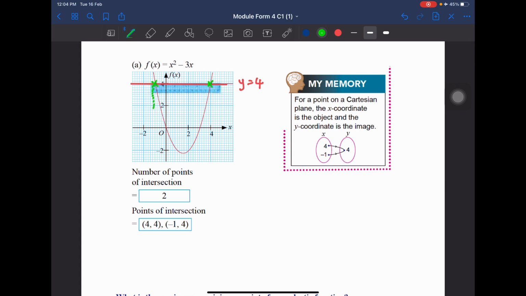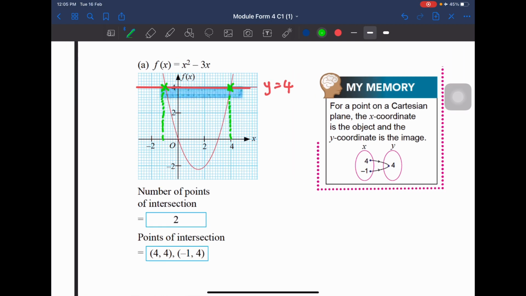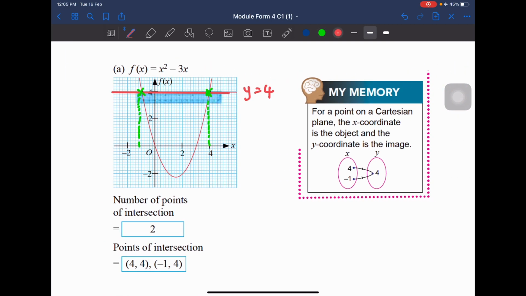Okay, so cuba keluarkan koordinat titik yang intersect tu. So kita ada the first titik ni adalah (-1, 4). The second point is (4, 4).